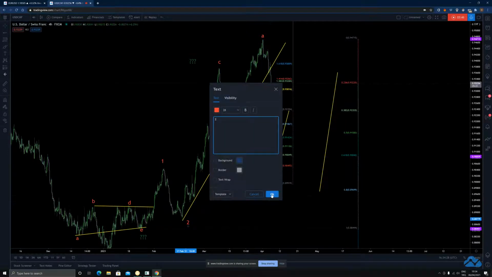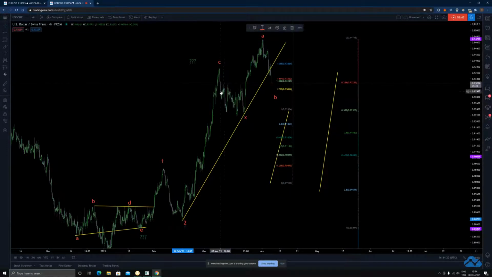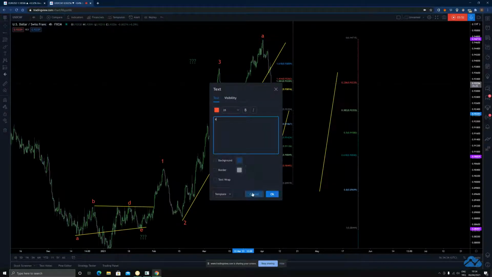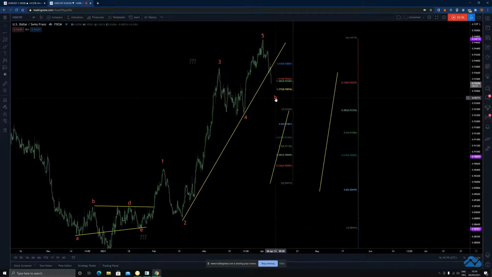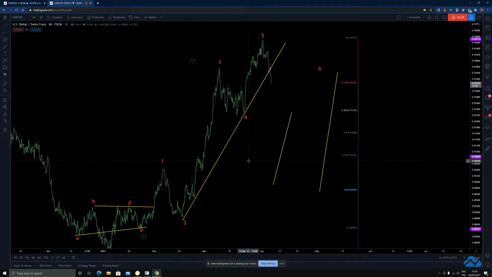Okay, or you can say to yourself, maybe we are looking for something like this. So we have 1, 2, okay, it's the third wave, it's the fourth wave, and it is the fifth wave. Now, if in this situation you are thinking that you are in an impulsive way, okay, that's fine. So if you want to go from this route, you have to ask yourself, do I have the extension?